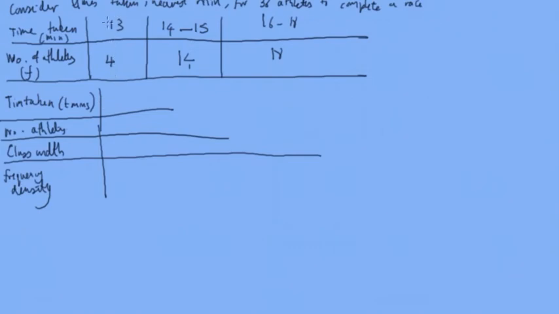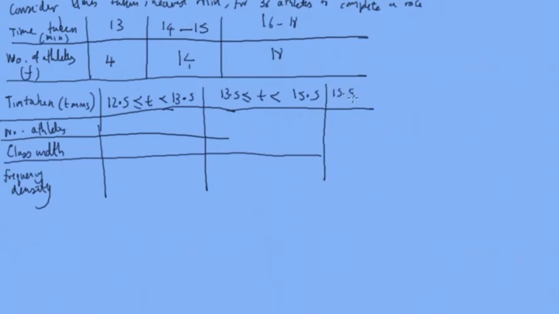If you think about the time taken of 13 minutes, 12.5 could be the lower boundary, so the time could be equal to 12.5, or it can be less than 13.5. The next class will be 13.5 less than or equal to the time, less than 15.5. And finally we've got 15.5 less than or equal to t less than 18.5.